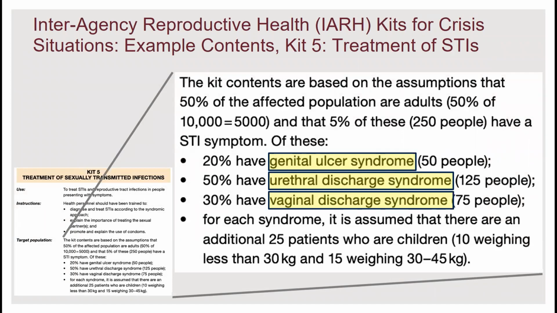From the information provided related to the kit, in this case, the IARH Kit 6th edition manual, we can also observe that these particular kits are designed to treat certain illnesses or conditions. In this case, the kit for STIs and the conditions are genital ulcers, urethral discharge, and vaginal discharge. Also observe that this kit covers adults and pediatric cases.